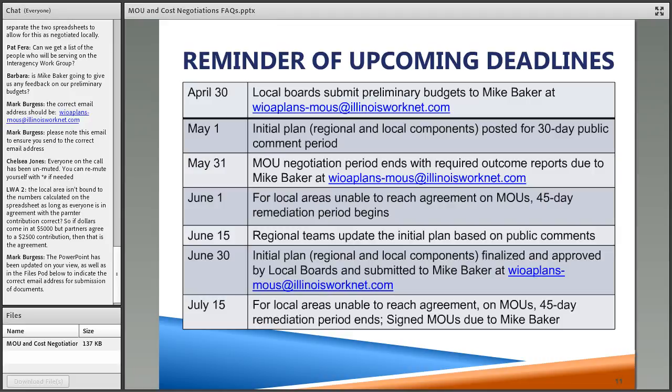So certainly for PY17 and afterwards, whatever is agreed upon, the agreement means the expectation is that payment in whatever form gets made.